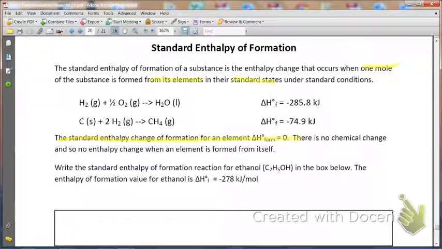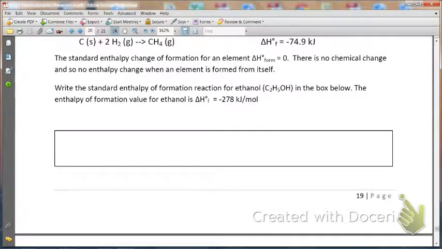That's important. All right, so in this box down here, in your notes, we're going to write a standard enthalpy of formation equation for ethanol. All right, and this is the delta H of formation, enthalpy of formation value for ethanol, which we'll indicate in the box here. So let's do that. So ethanol is made up of carbon.